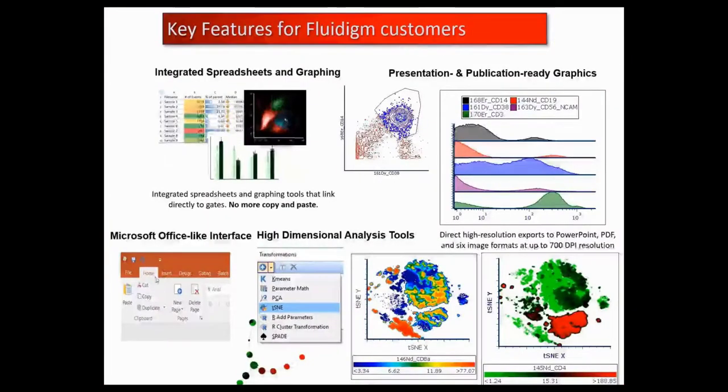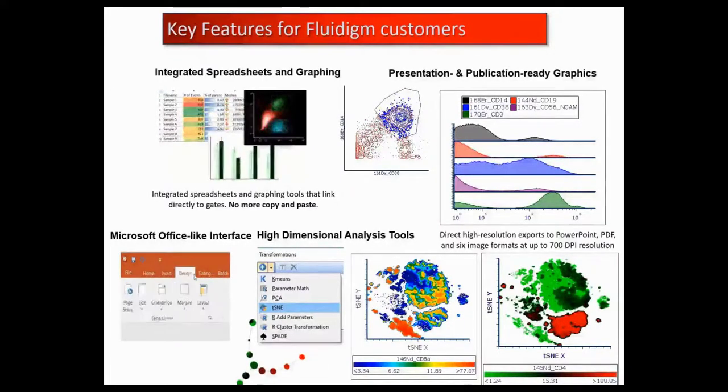FCS Express has a lot of really key features that are really, really helpful for particularly Fluidigm customers using high dimensional data from the Helios. I'm going to show a lot about integrated spreadsheets and graphing, where you can actually combine results together from multiple tubes or multiple samples and immediately get bar charts and pie charts and everything updating as you move your gates.